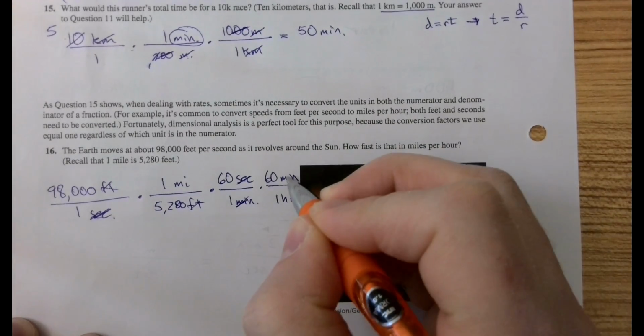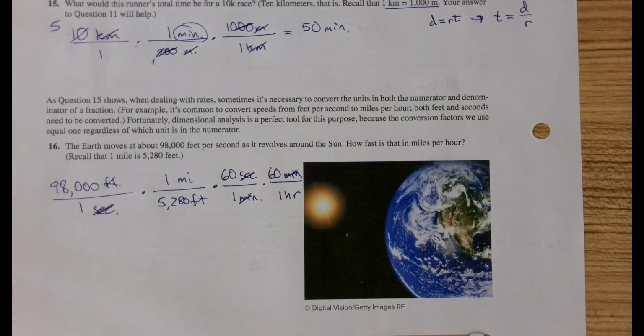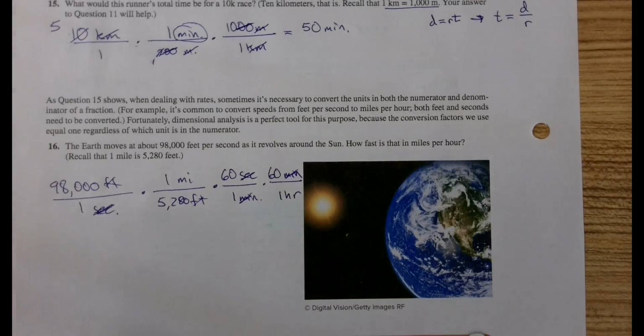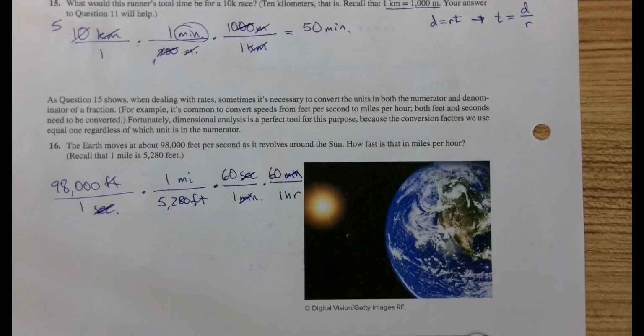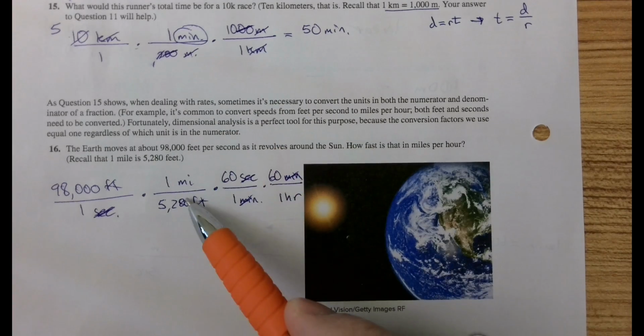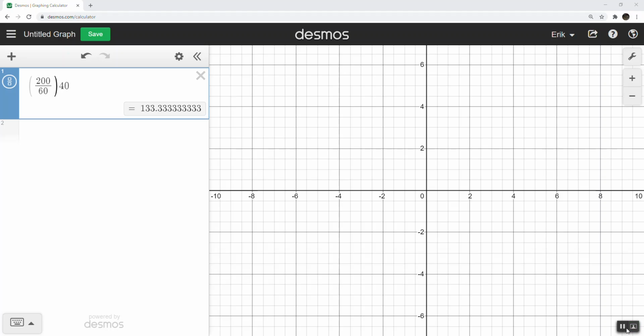These minutes are going to cancel with these, and we're left with miles per hour. All we have to do is multiply everything out in the top and everything out in the bottom. I don't see a whole lot of awesome canceling that I can do like I did in this other problem. I could get rid of one of these zeros, but it's not super helpful. I'm just going to type this whole thing out.